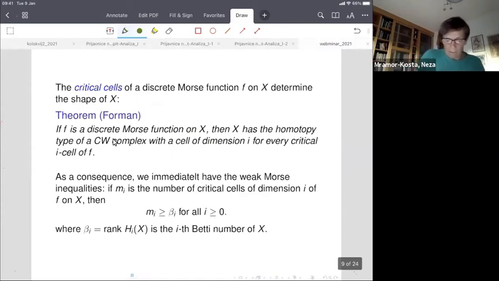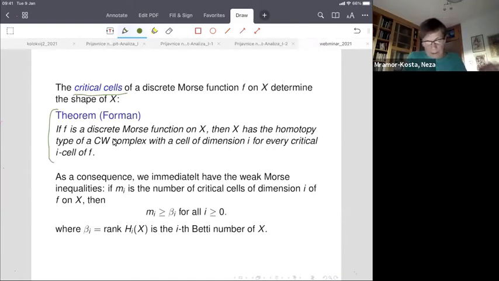Okay, so as I said already, the critical cells are, in a sense, the important part of a discrete Morse function, because they're the ones which determine the shape of the space X. We have this theorem, proved by Forman in the original paper from 1998, which says that if f is a discrete Morse function on X, then X has the homotopy type of a CW complex with a cell of dimension I attached for every critical I-cell of f.